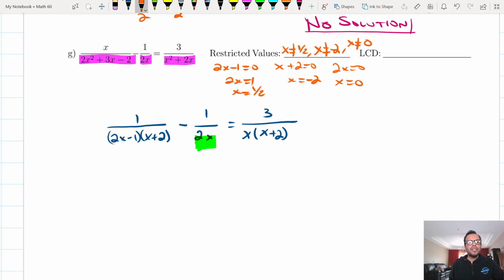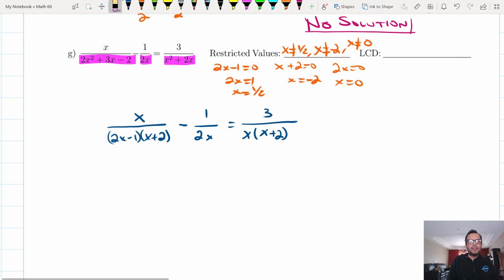Okay, let's find out what we are going to get for the LCD. By the way, the numerator of the first fraction should be an x, not just a 1. Okay, let me correct that. Okay, all right, we got it. The LCD will be the product of the 3 denominators, right?